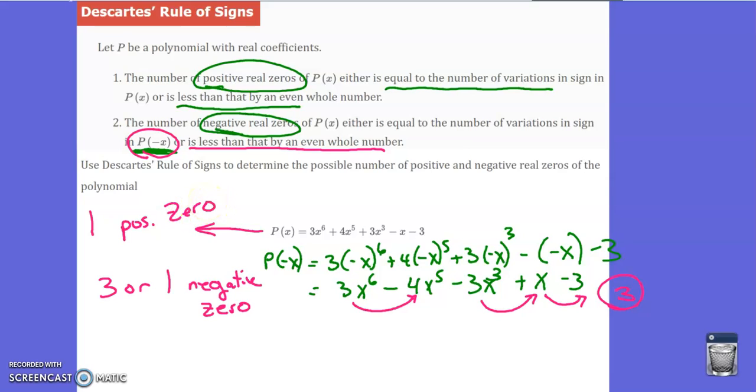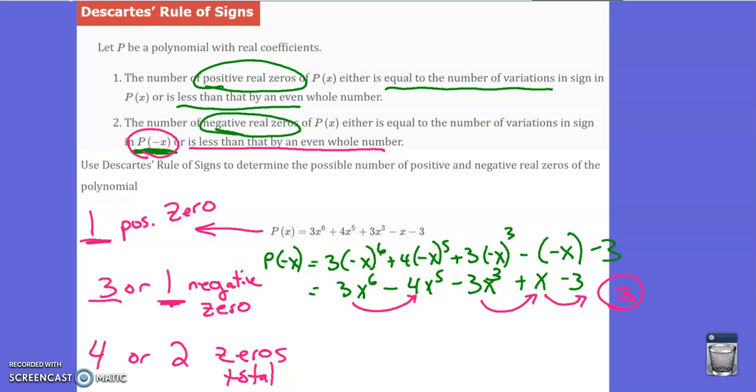So altogether, it's possible that this has 3 for this one and 1 for this one, so it could have 4 zeros total, or if it has 1 negative zero and 1 positive, it could have 2 zeros total.